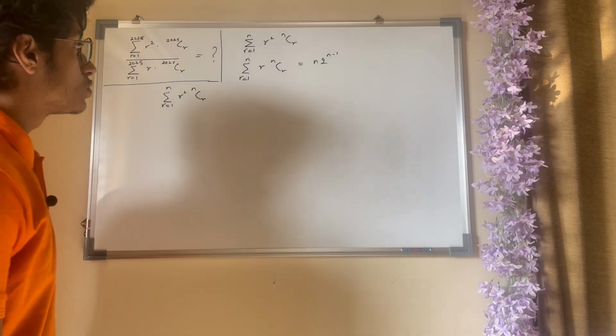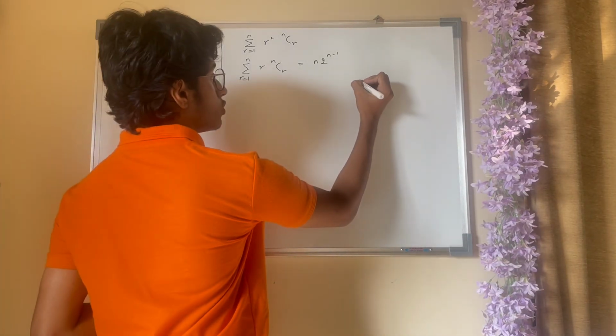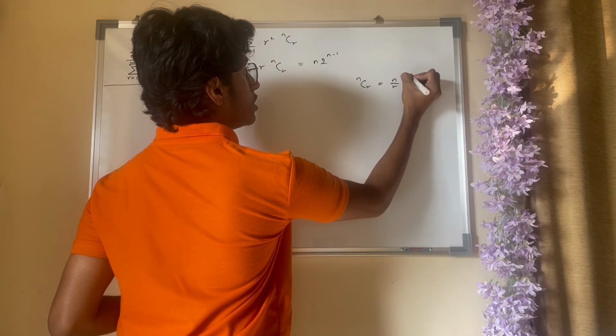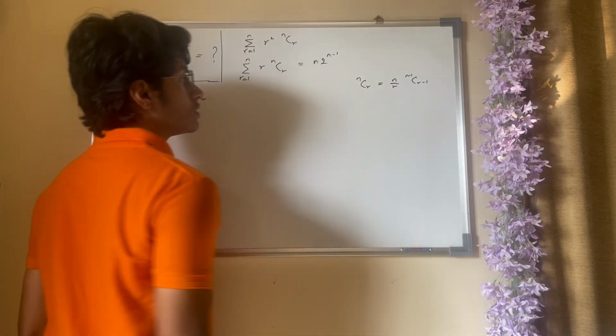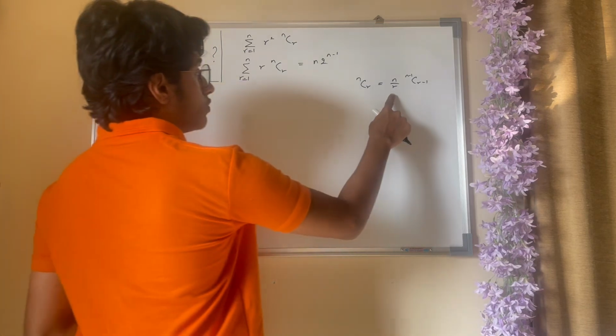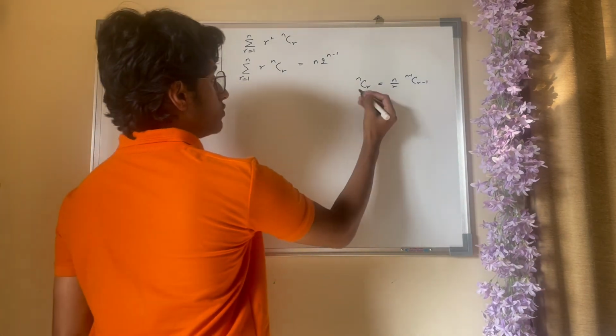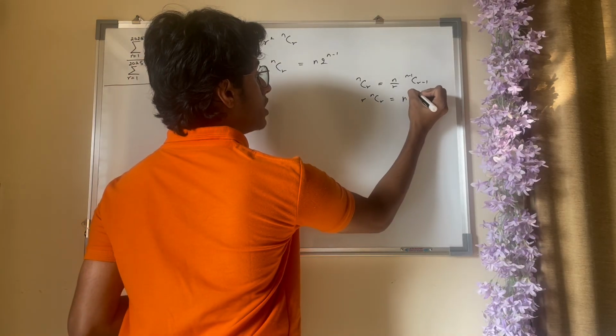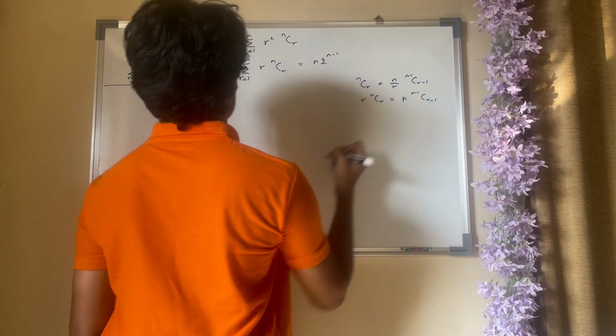To do this, I thought of the formula nCr equal to n by r into (n minus 1)C(r minus 1). Now when we multiply by r, we get that r into nCr is equal to n into (n minus 1)C(r minus 1).